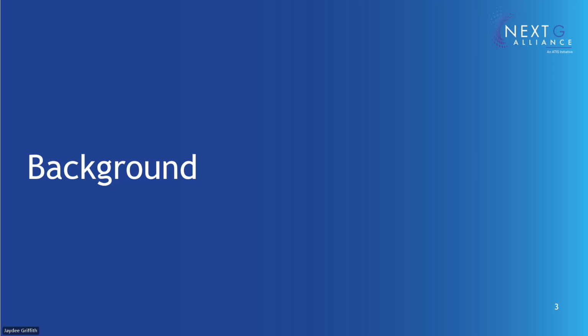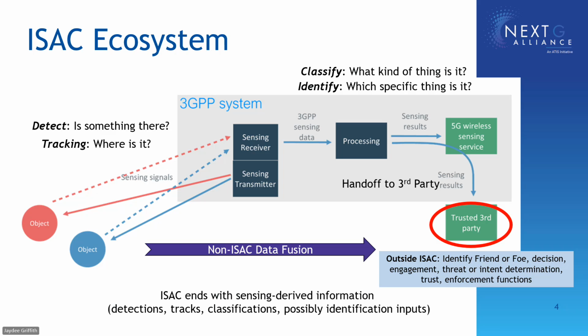Great, thank you, JD. So ISAC is a very exciting new capability that initially was 6G, and we're also looking at it as 5G advanced. So when we look at ISAC and the entire end-to-end system, we have a lot of focus right now in 3GPP and elsewhere on the left-hand side of this figure, what I'll call the detecting and tracking.